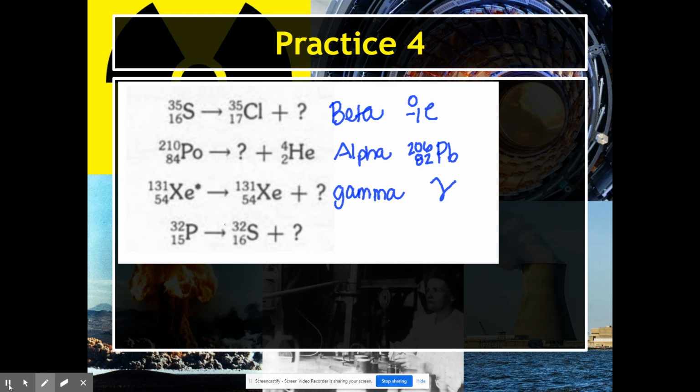Notice the mass stayed the same at 32, but the atomic number went up by 1. That tells us this is beta radiation, and the thing that's missing in our question mark is our beta particle.